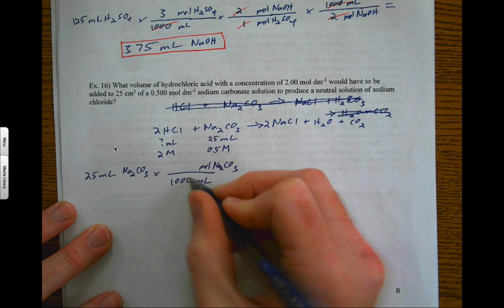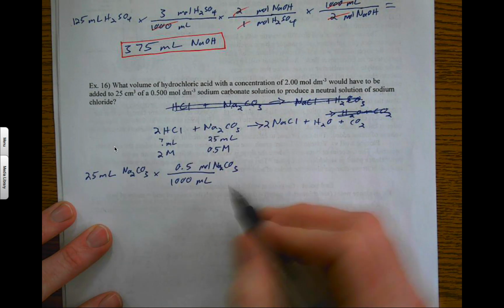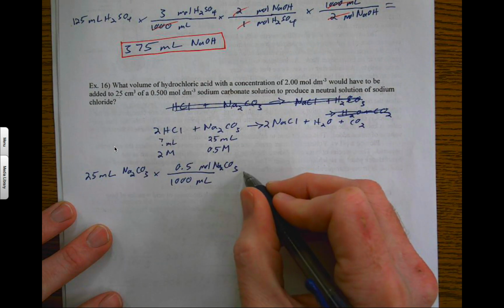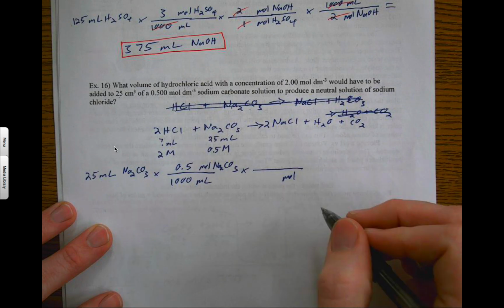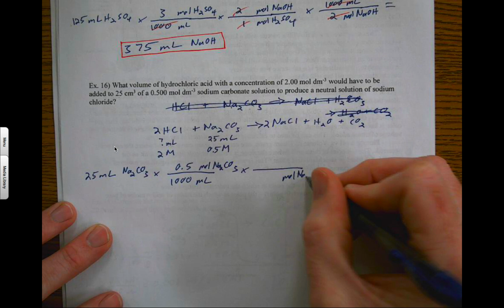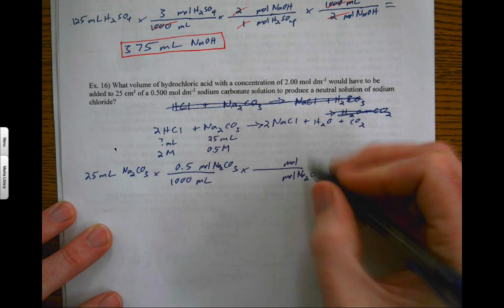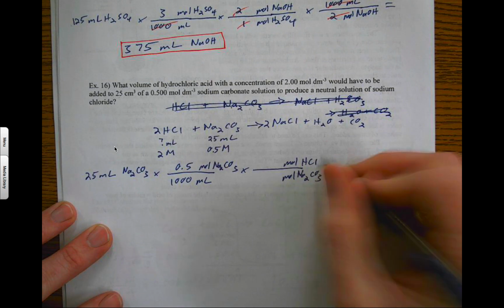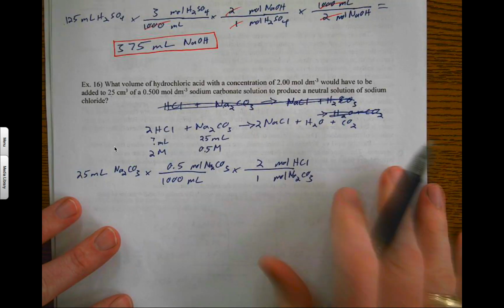That's 1,000 milliliters in 0.5 molar. And then moles of Na2CO3 and the moles of HCl. It's a 1:2 ratio, or 2:1 ratio.